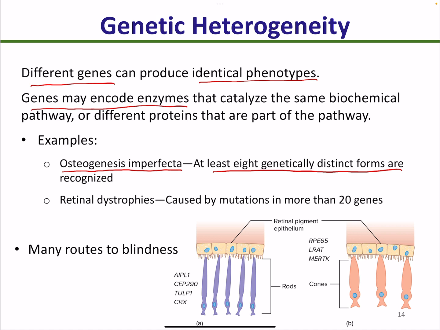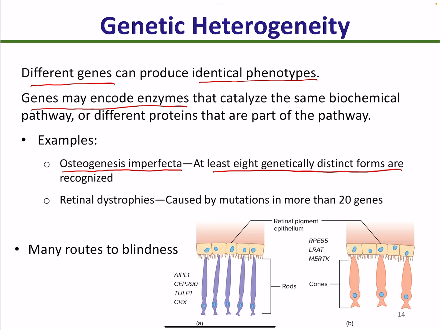At the end of the day, these different genetic types are going to lead to the exact same phenotype, which is not osteoporosis, but osteogenesis imperfecta, which is a low form of osteoporosis, really.